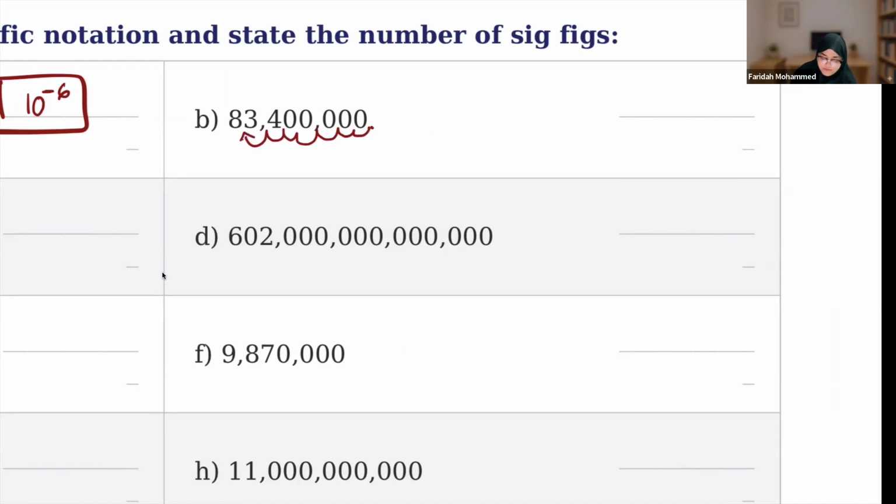And our first number would be 8.344 times 10 to the power. Now we are trying to make a bigger number become smaller, so it would be a positive exponent. So 1, 2, 3, 4, 5, 6, 7. 10 to the power of 7. Make sense?